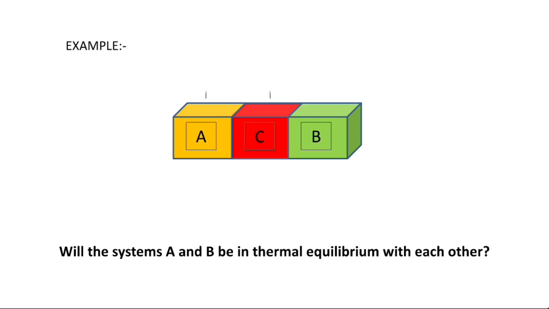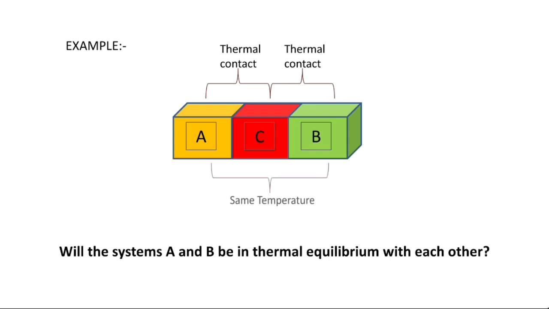So the answer: we know that if A is in thermal contact with C, they both have the same temperature. In the same way, B and C are also in thermal contact and have the same temperature. So thus, A and B will have the same temperature and would therefore be in thermal equilibrium with each other. It means A, B and C are in thermal equilibrium.